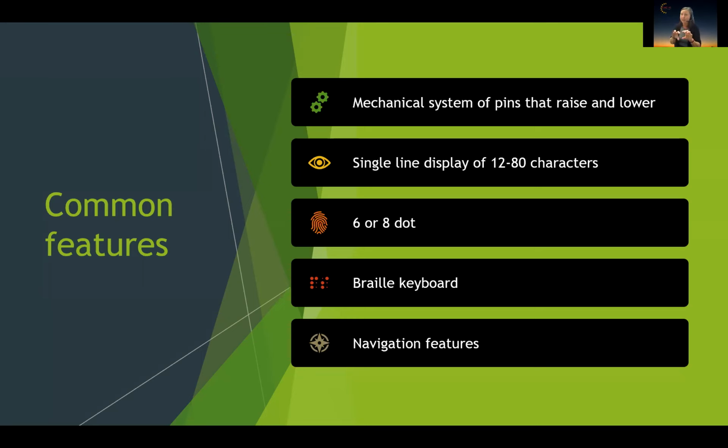So they created Nemeth code for mathematics. So we had English Braille American Edition, Nemeth code for mathematics, and there was a computer Braille code, also a chemistry code. So lots of different codes for different purposes, for different subject matters. So now with Unified English Braille, it has the ability to do its own code, and it's all encompassing for math, literary, and computer. So it's just one code.